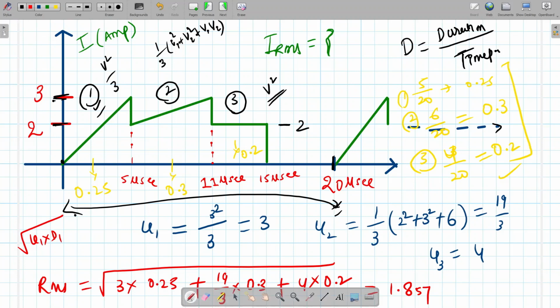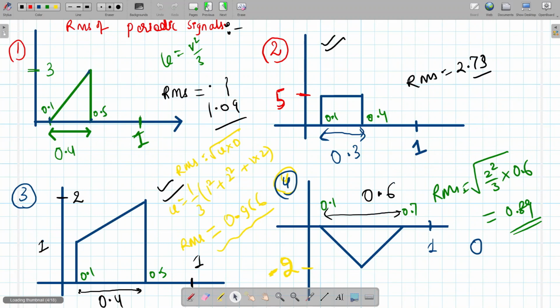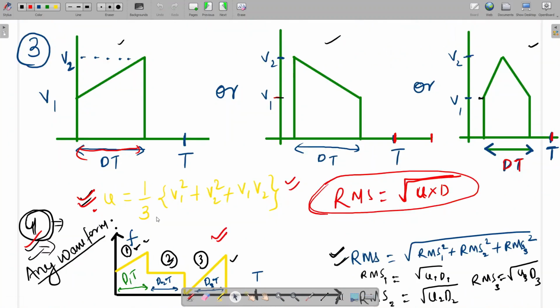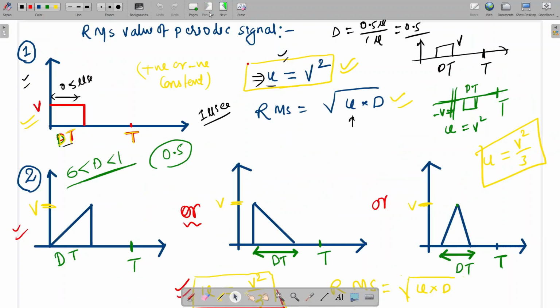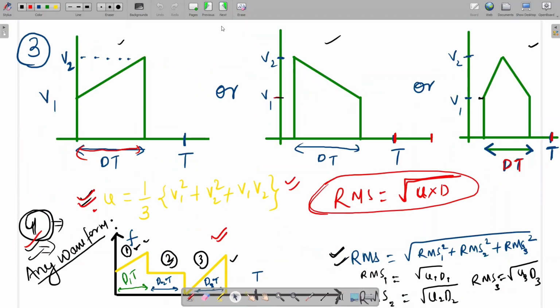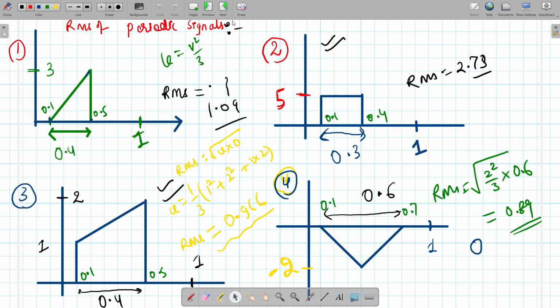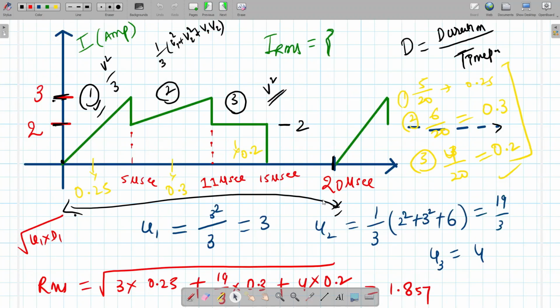Okay, this one. The formula was 1 by 3, see here, already I have written it here. So you should only remember these three things: the first one is V square, the second one is V square by 3, and the third one is this formula. So everyone is getting this answer, 1.857.